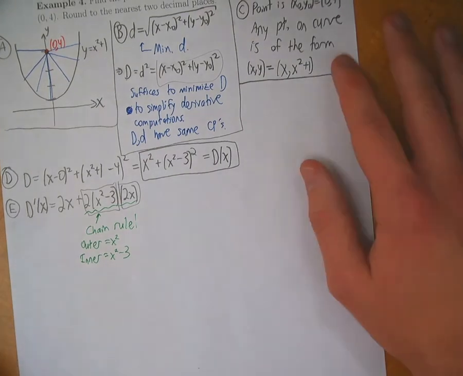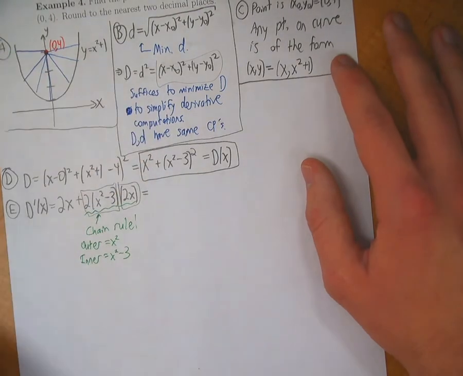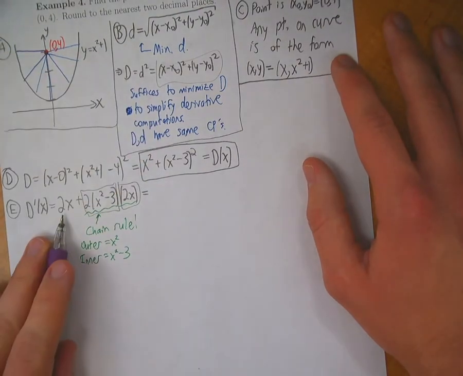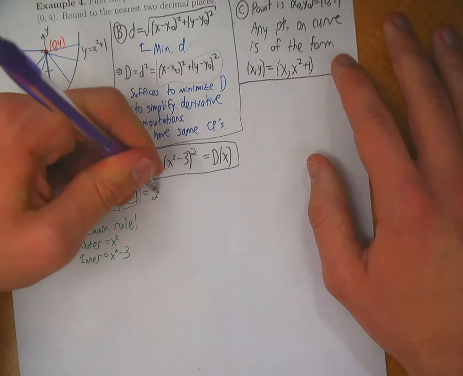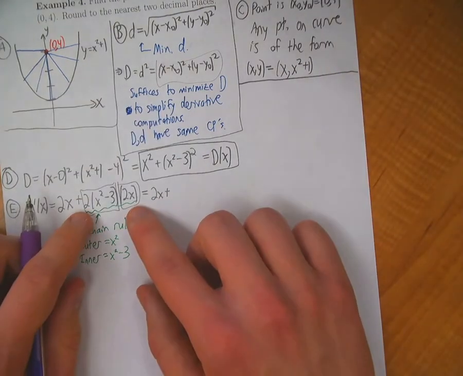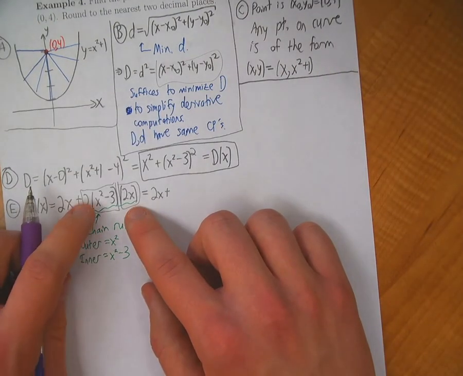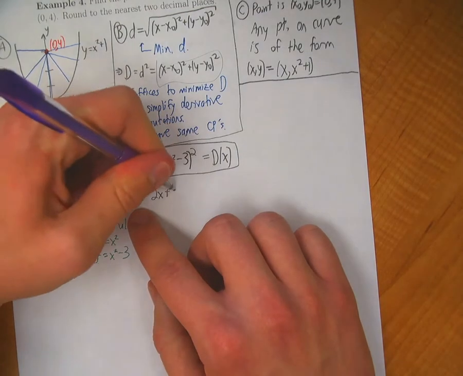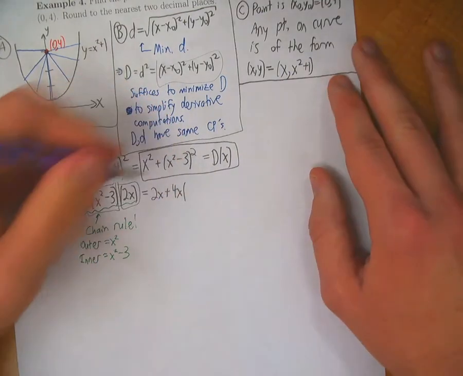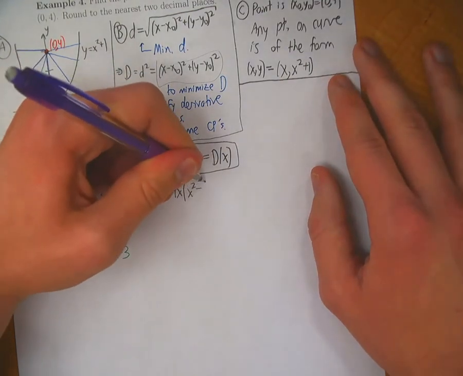Okay? So now let's go ahead and put everything together. So we have 2x plus, well, let's see. One way you could compress this down a tiny bit is that we have 2 times 2x, so 4x times x squared minus 3.